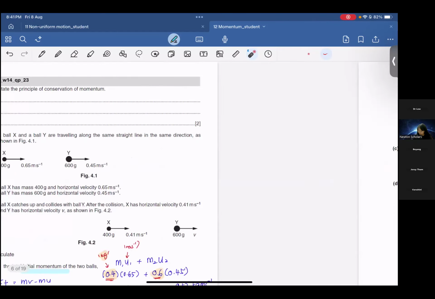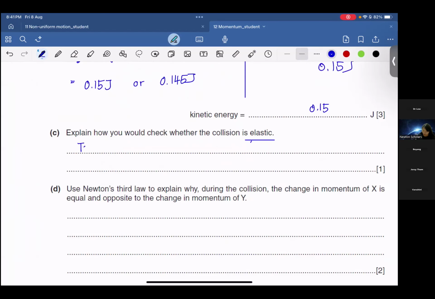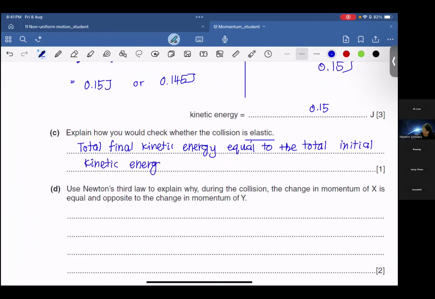Okay, so here, how do we know? We can calculate the kinetic energy before and after. If they are the same, then we know they are elastic. Okay, so here, we write it down. Total final kinetic energy equals the total initial kinetic energy.